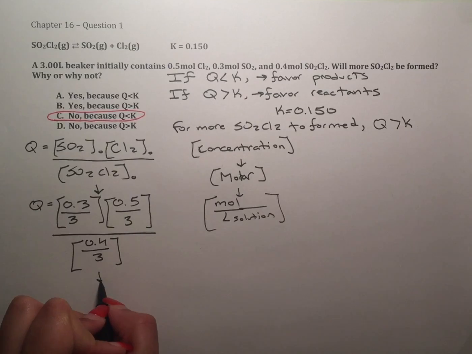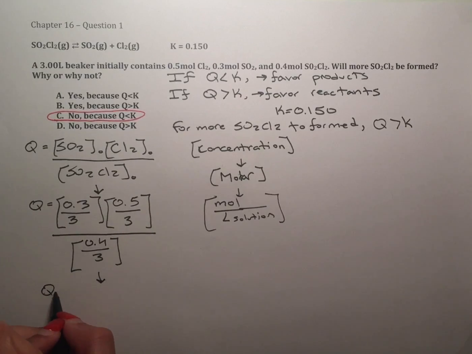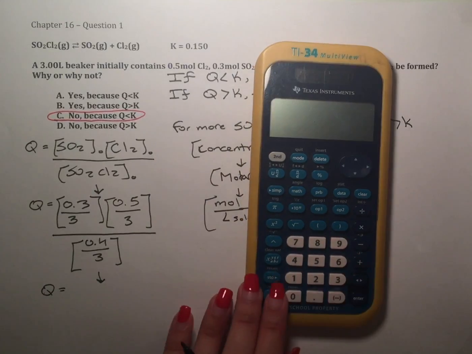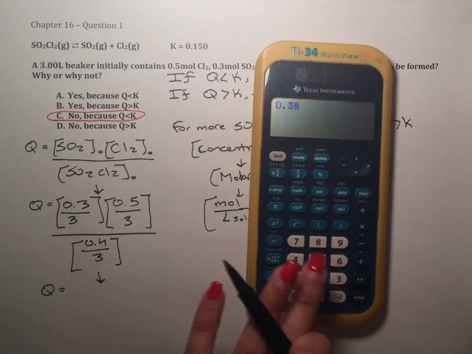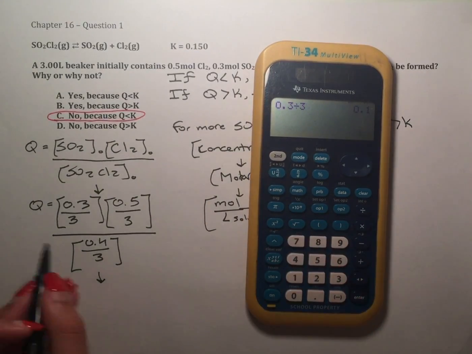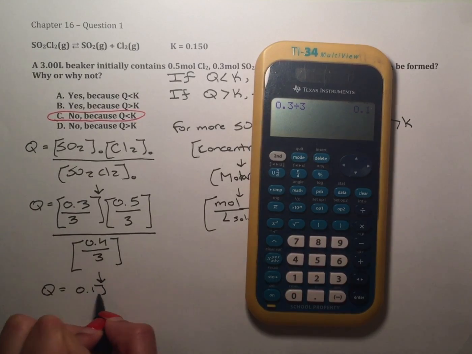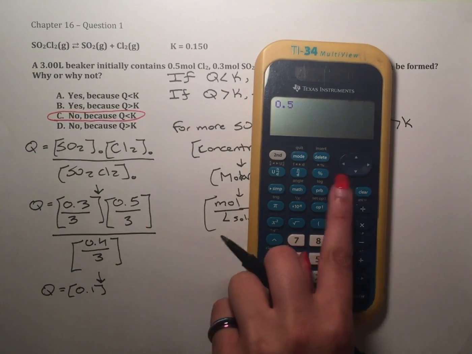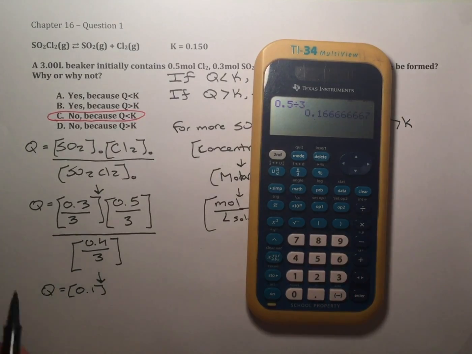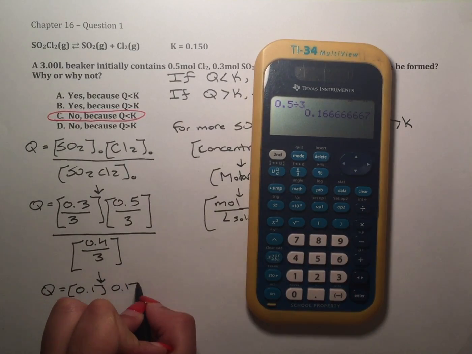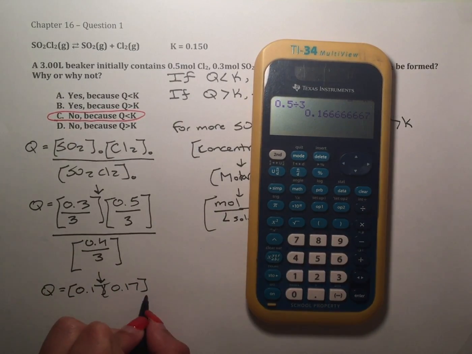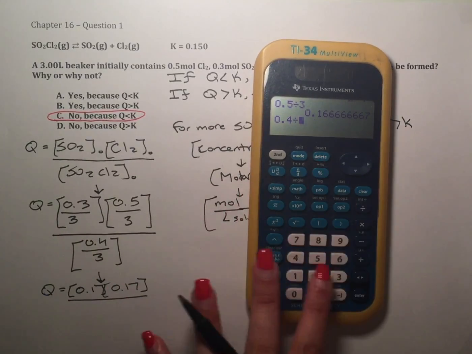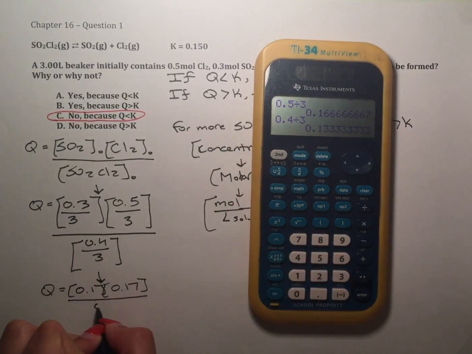Okay, so let's just do a little bit of math and see what we get. Well, we have 0.3 divided by 3, which gives us 0.1. Then we have 0.5 divided by 3, which gives us 0.17, over 0.4 divided by 3, which gives us 0.13.